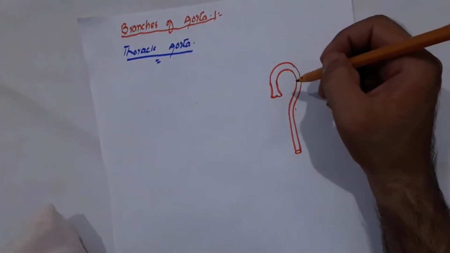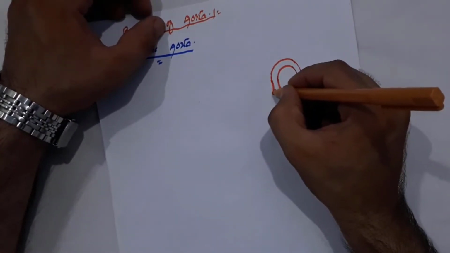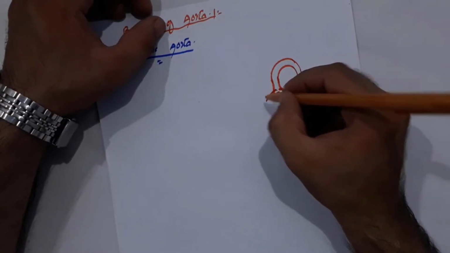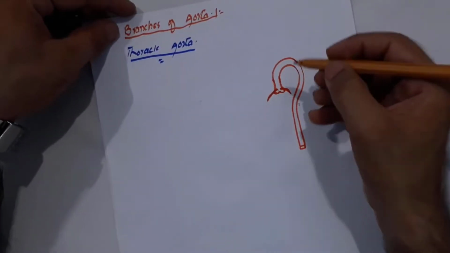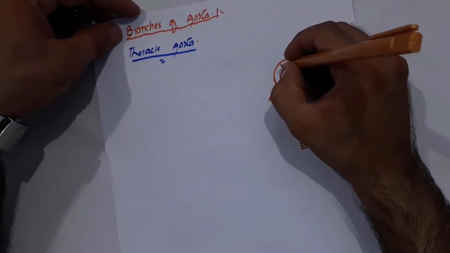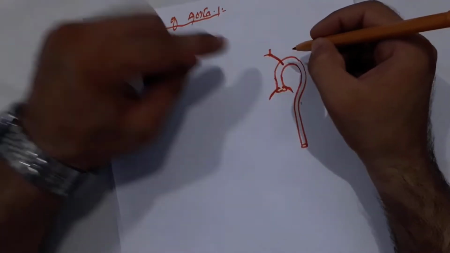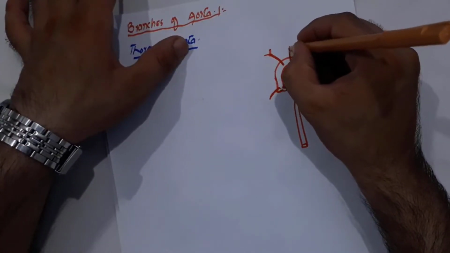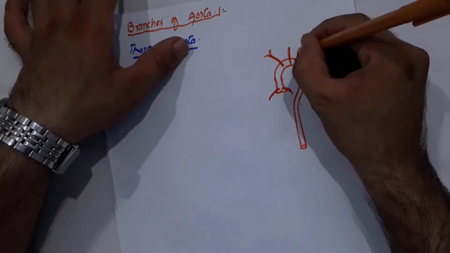So from where does this thoracic aorta give off branches? The first branches that arise are from here. These are called the coronary arteries. I have discussed them in detail in the coronary circulation of the heart. The next branches are from the aortic arch, and from here an artery arises, and from here another artery arises, and from this point another artery arises.